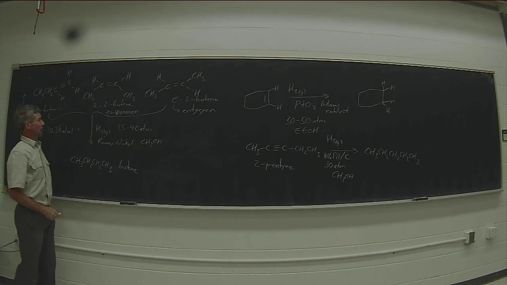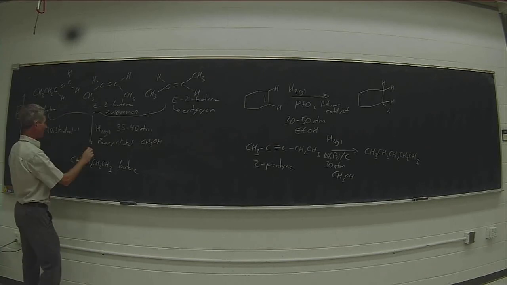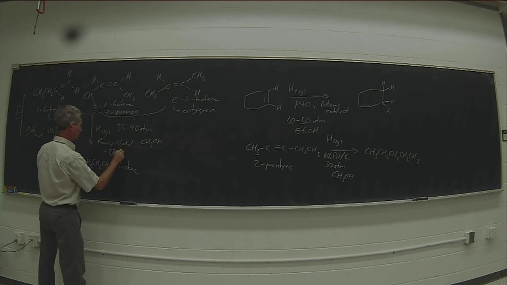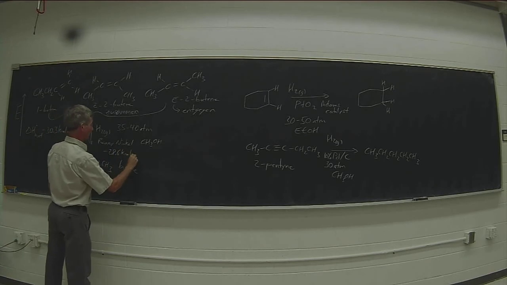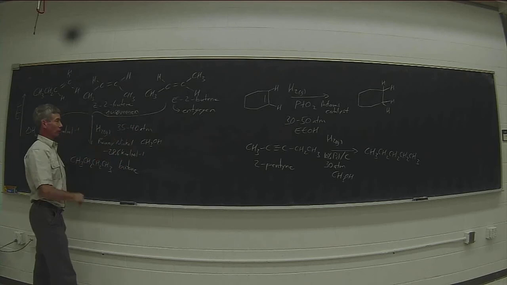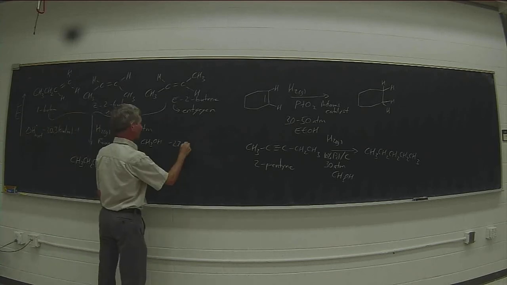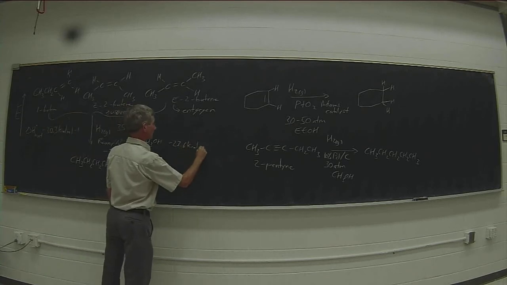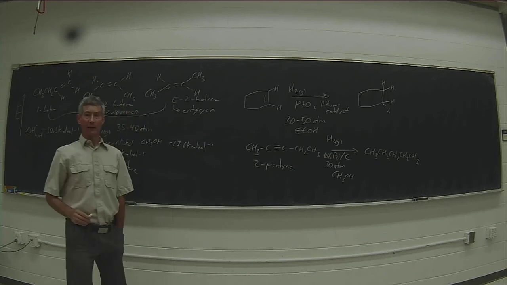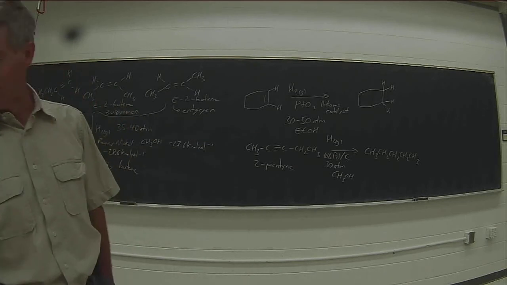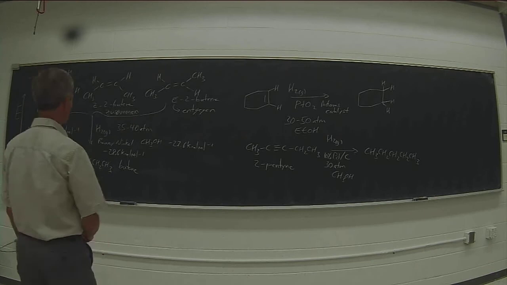For cis-2-butene, or Z-2-butene, it's minus 28.6 kilocalories per mole. And for E-2-butene, it's minus 27.6 kilocalories per mole. And this graph and the numbers are on page 476 of your textbook.